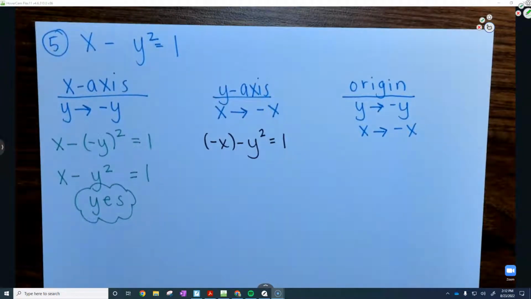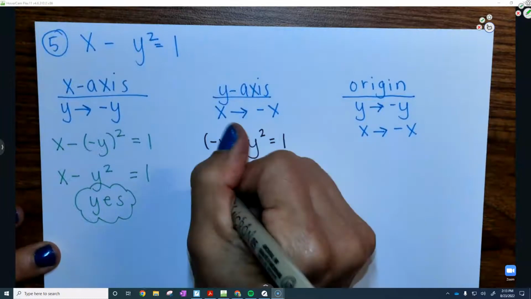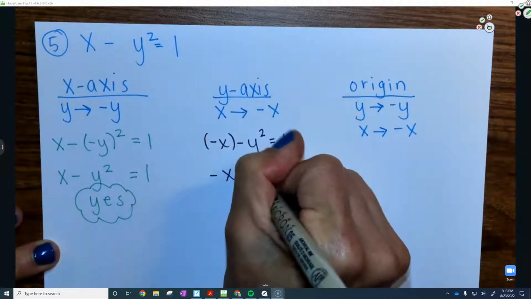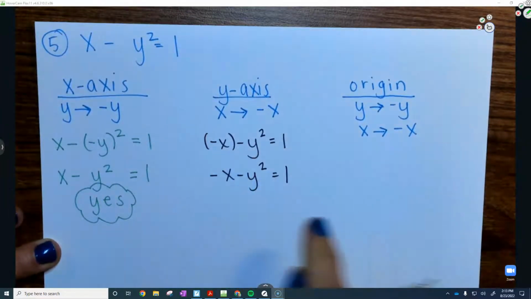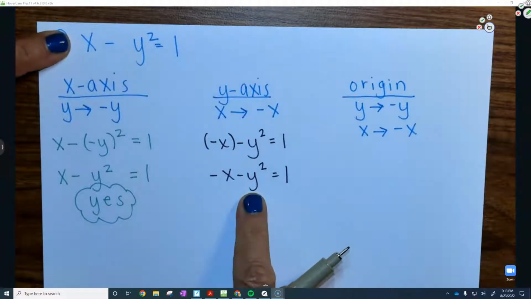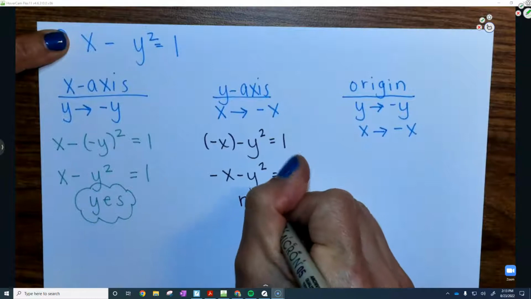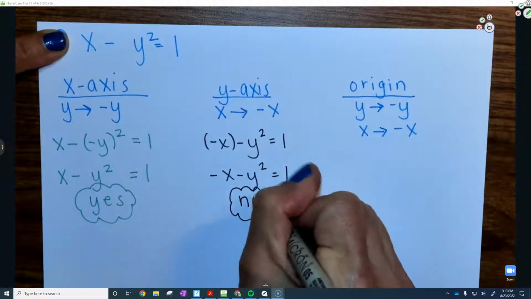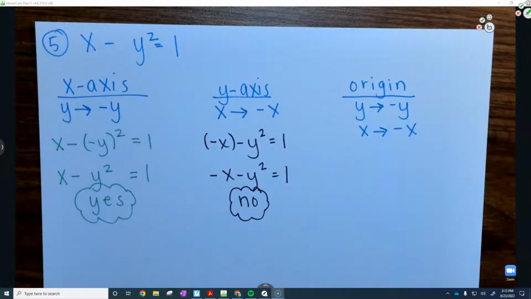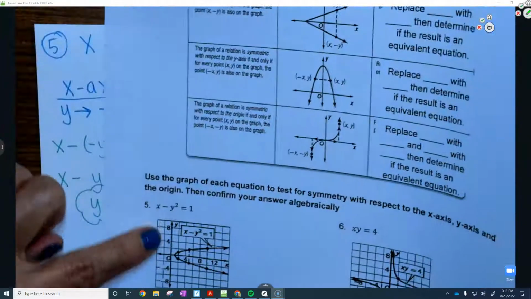And guys, I did use those parentheses to show you that I put in the substitution. The parentheses don't really matter. It's going to be the same as this. Did I end up with what I started with? No. It is not symmetrical around the y-axis.